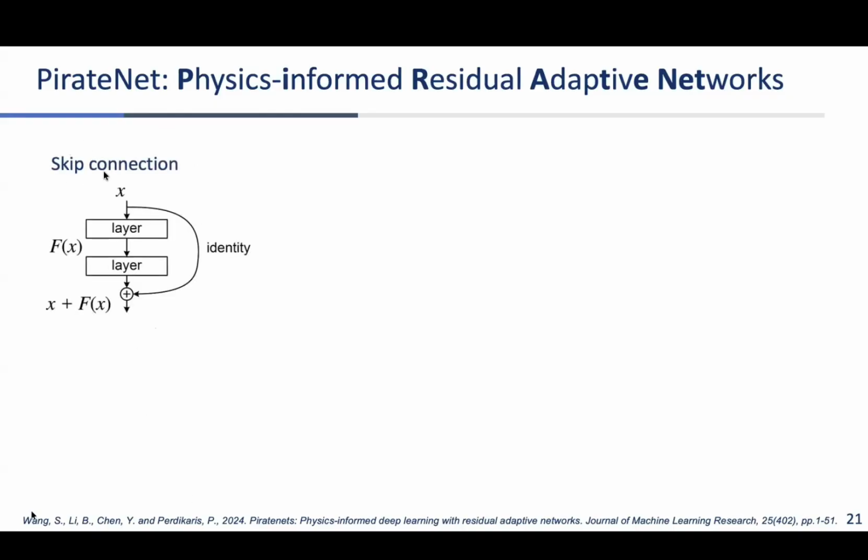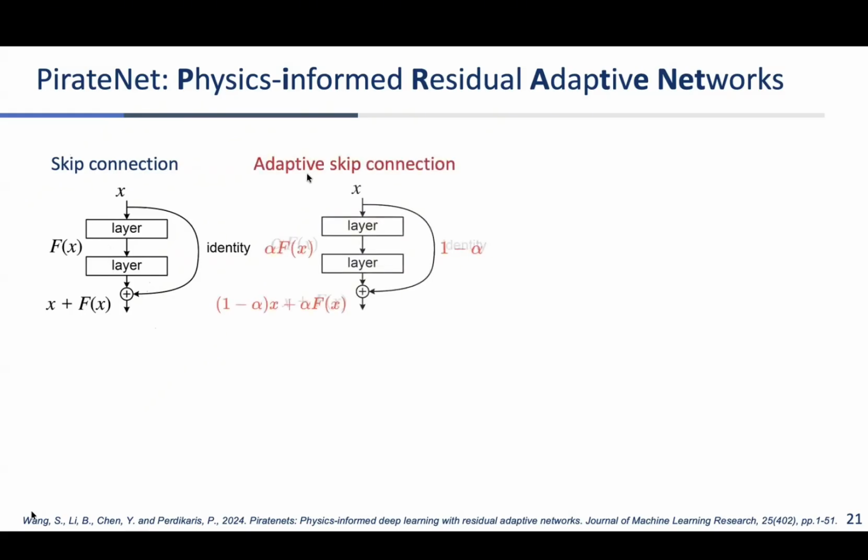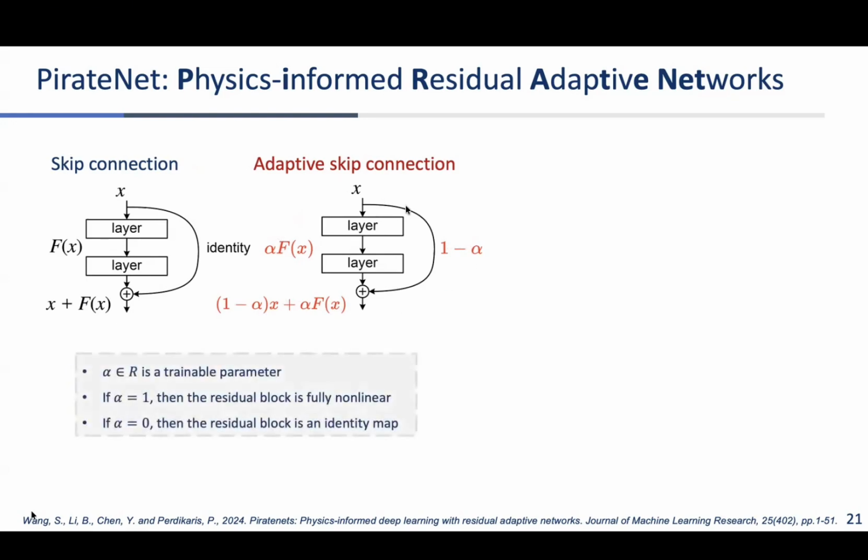This is the conventional one: we basically add an identity map that connects the input and outputs, where we use F to denote the nonlinearities. What we proposed is the so-called adaptive skip connection. Compared to the conventional one, we introduce a trainable parameter alpha in the skip connection, and the final output is just a linear interpolation between the input x and the nonlinearity layers.